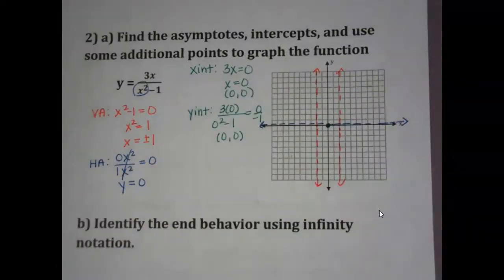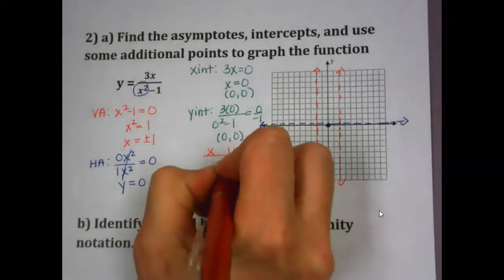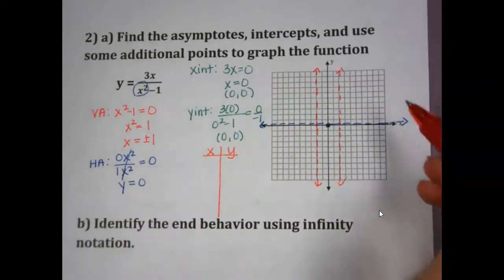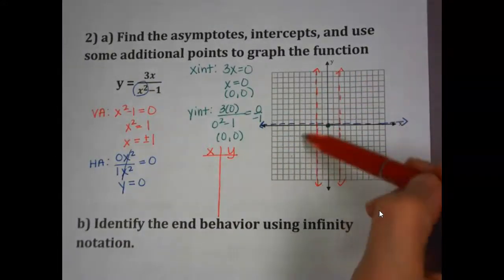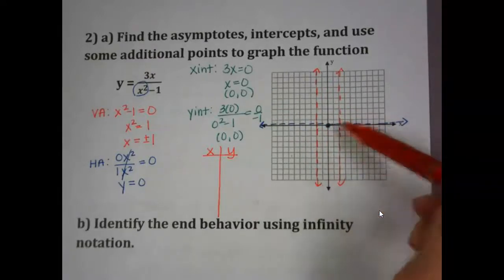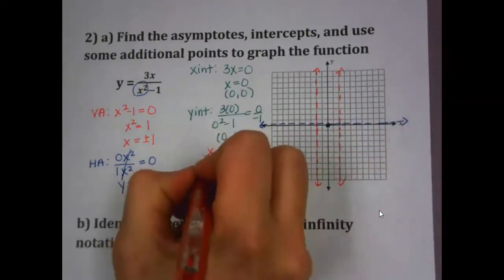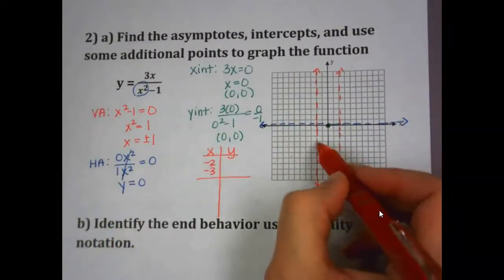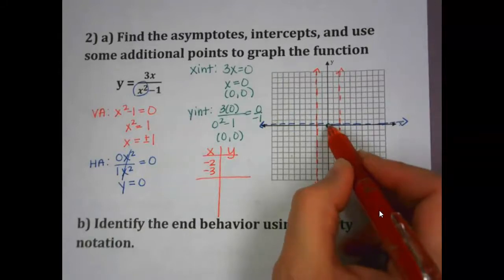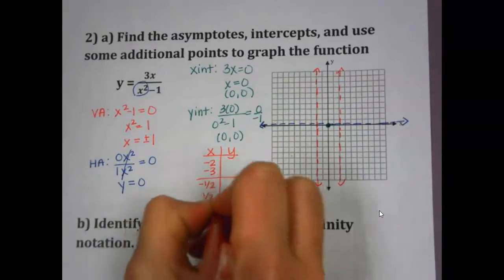Okay, so last time we talked about making a table. And we talked about how you want 2 points on either side of the vertical asymptote. Well, in this case, we have 2 vertical asymptotes. So we need to find 2 points on the left, 2 points in the middle, and 2 points on the right that we don't already have. So to the left of negative 1, we would put in negative 2 and negative 3. In between negative 1 and 1, we already have 0, so we'd have to go halves, negative 1/2 and 1/2.